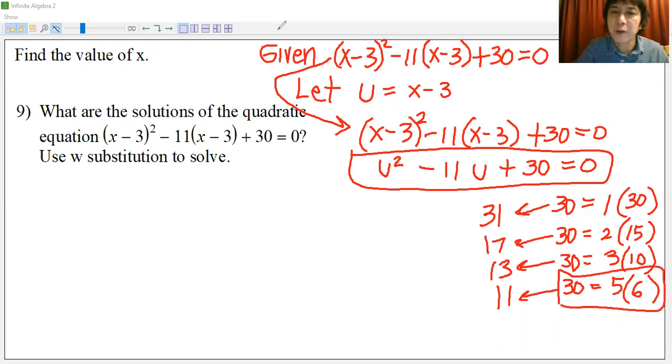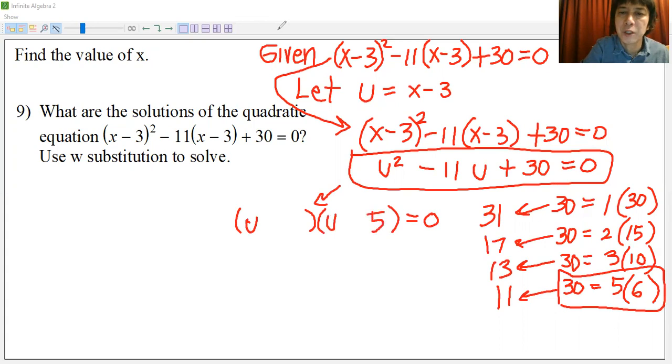And so we shall now have the factors u, and then 5 and 6, and they will have to be both negative there. That shall be our factors. And so we shall solve each, and solve for u first.